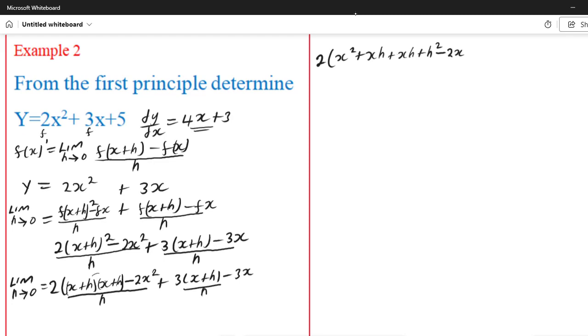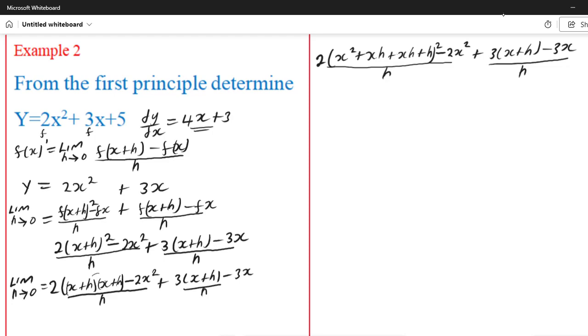So this one we divide by h, and then we add the second equation plus 3 times (x plus h) minus 3x, everything divided by h.